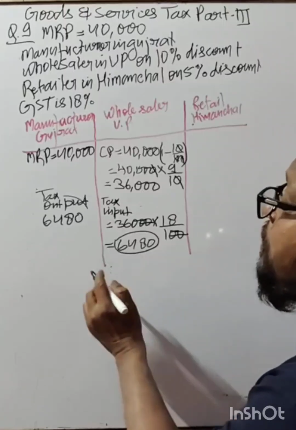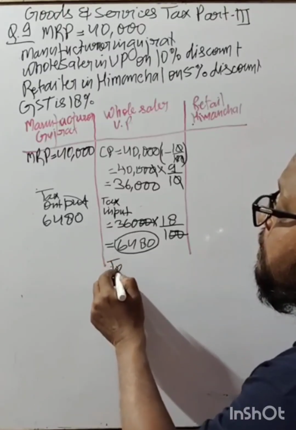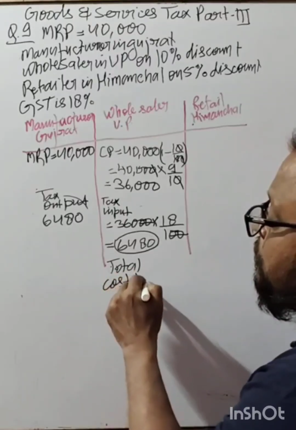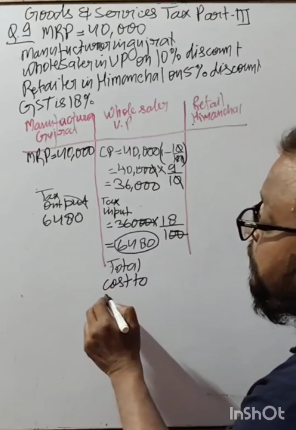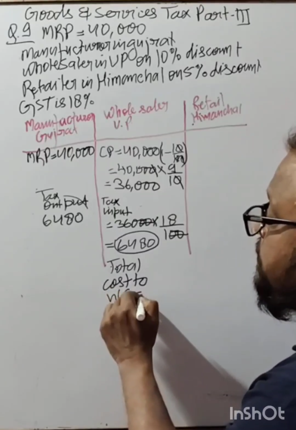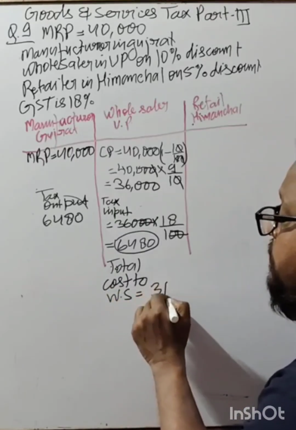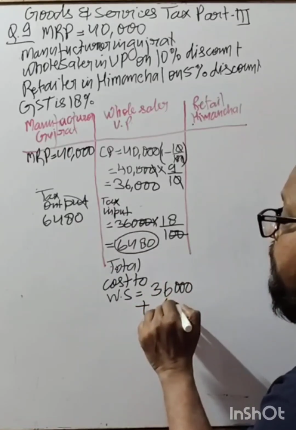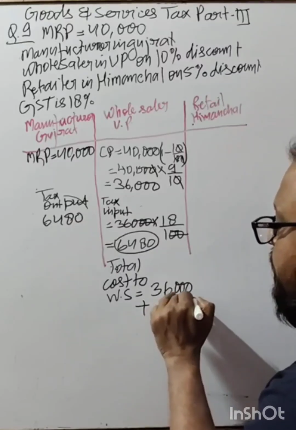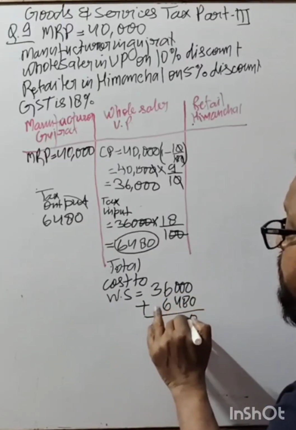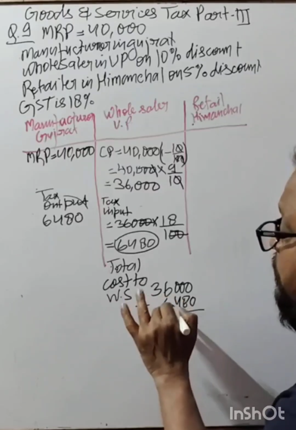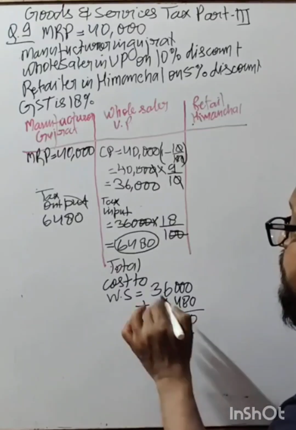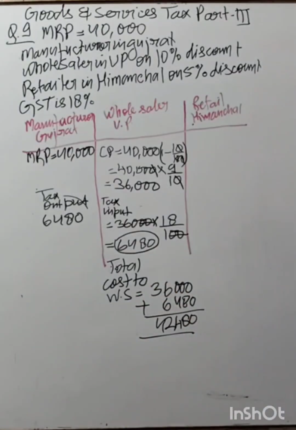So total cost to the wholesaler is 36,000 plus 6,480. It becomes 42,480. This is the total cost he paid, the wholesaler, right?